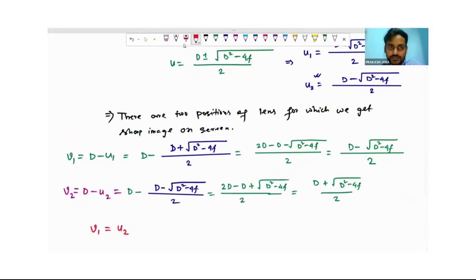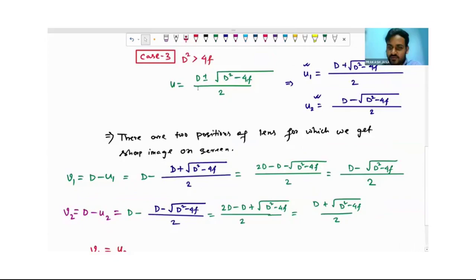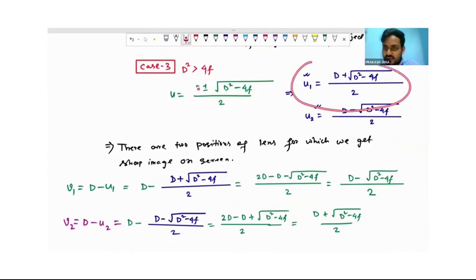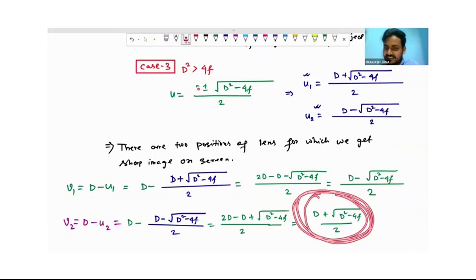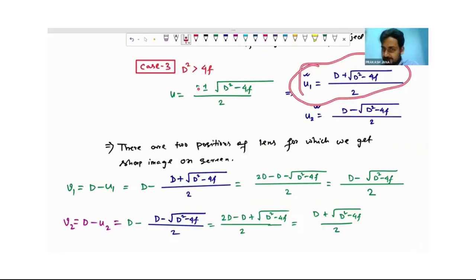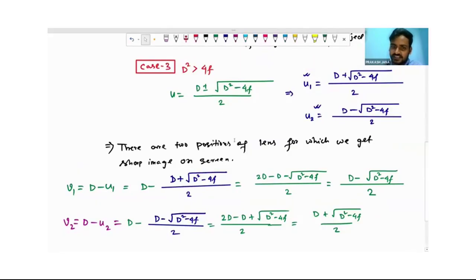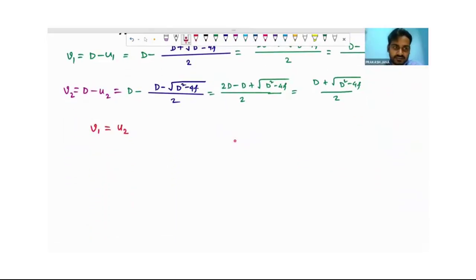Similarly, the value of v2 is the same as u1. You can check. This is v2, the image distance when the lens is at the second position. This distance is equal to the object distance when the lens is at the first position. So we will write v1 equals u2 and v2 equals u1.